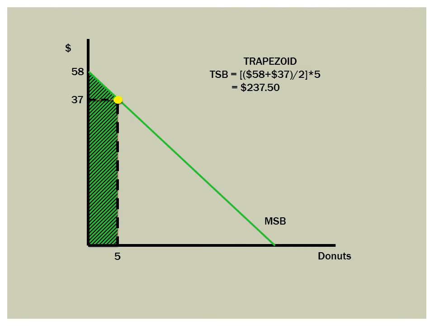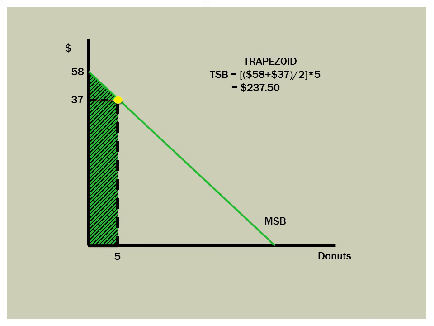So here, continuing with the example with donuts, we've changed the numbers a little bit, but notice now we're moving from 0 donuts to 5 donuts for the height of our trapezoid. By height I mean the length along the horizontal axis. And then the two bases are identified.